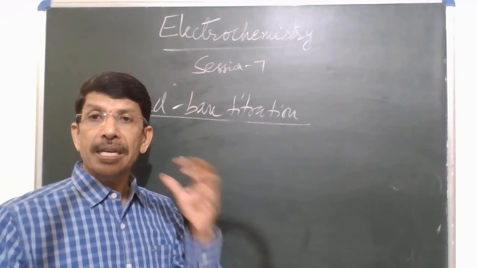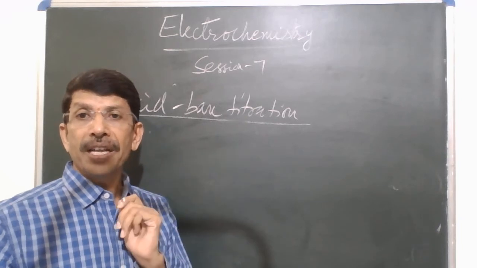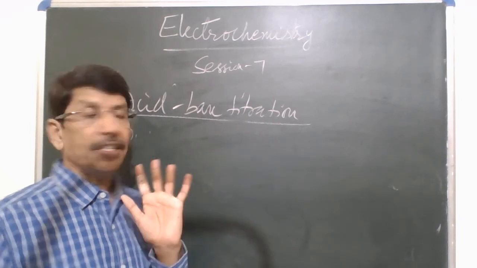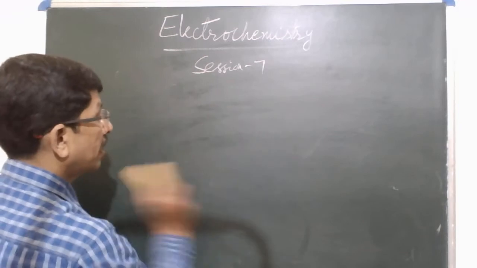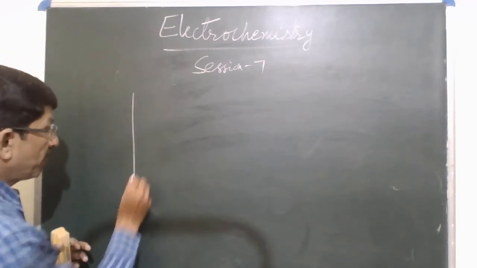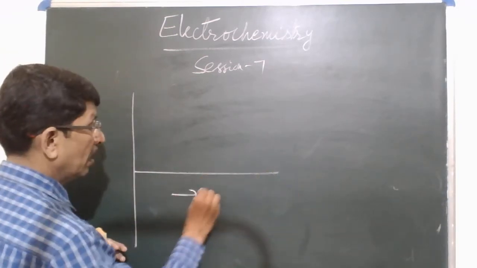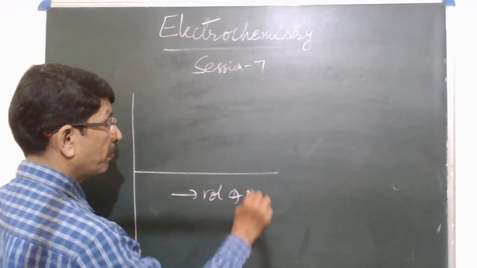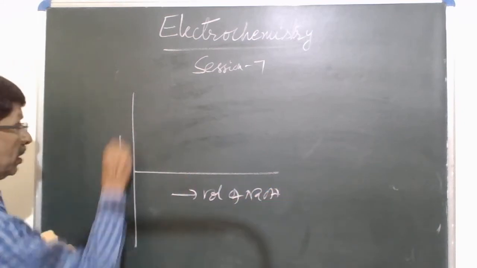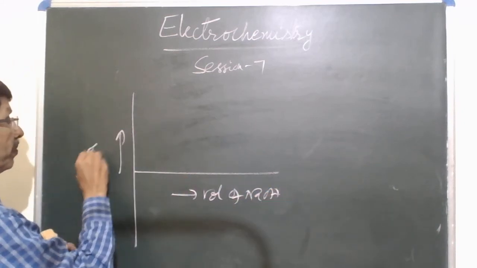Once EMF becomes negative, take 4 to 5 readings on the negative side and stop the titration. Then plot the graph of volume of titrant versus EMF, volume of NaOH versus EMF.